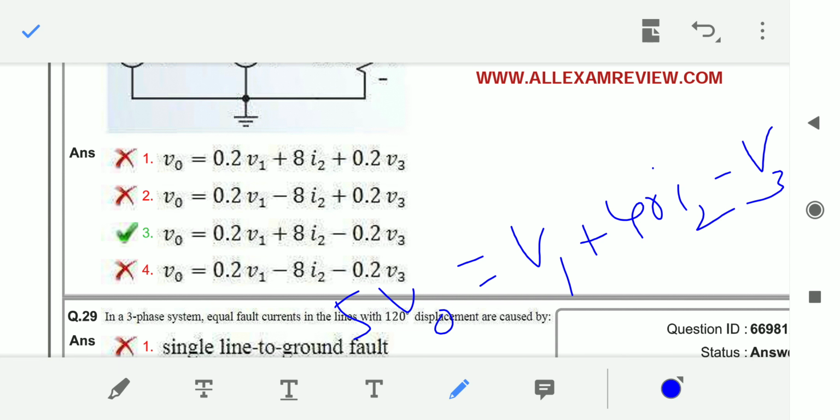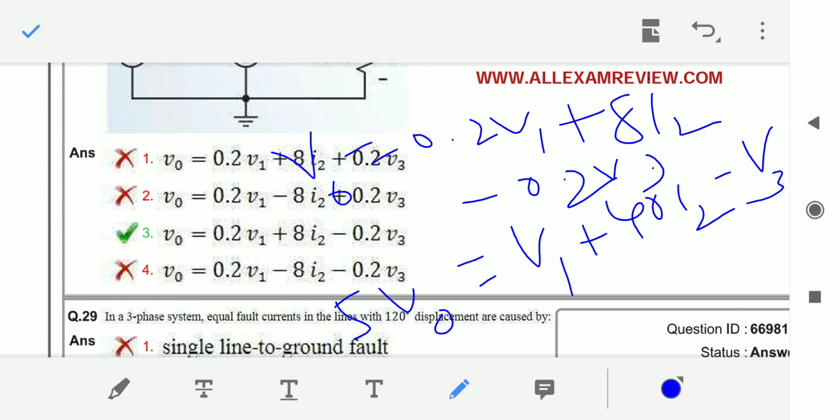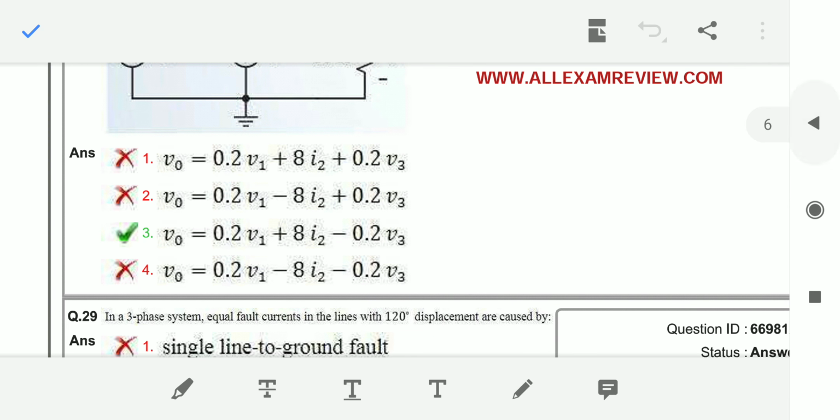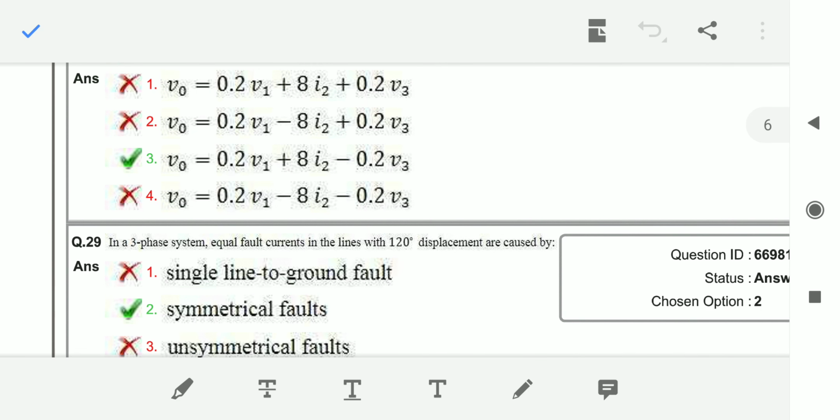So V0 is equal to V1 by 5, which is 0.2 V1, plus 40 I2 by 5, which is 8 I2, minus V3 by 5, which is 0.2 V3. This is option 3: V0 is equal to 0.2 V1 plus 8 I2 minus 0.2 V3.